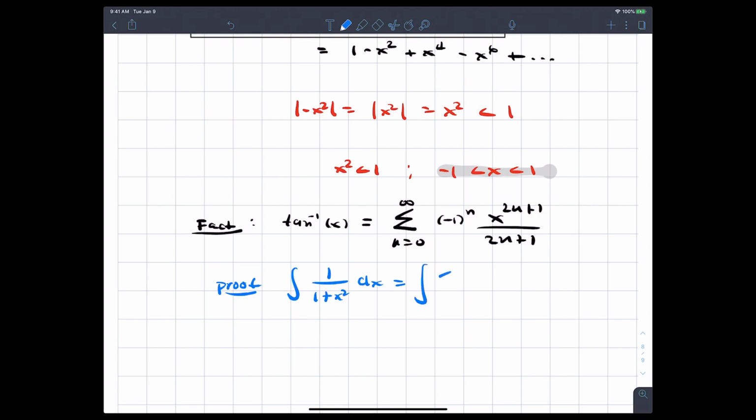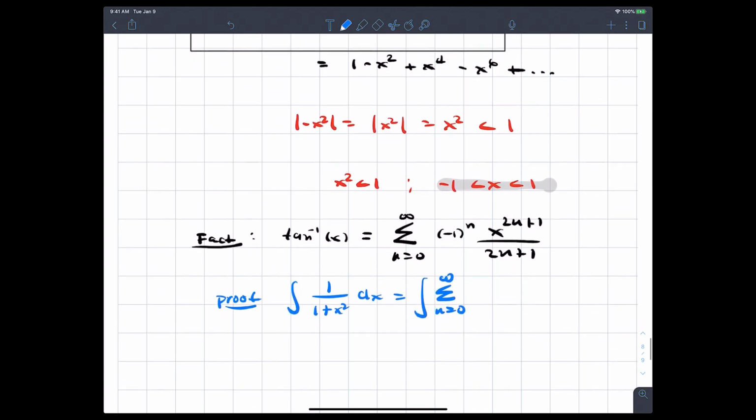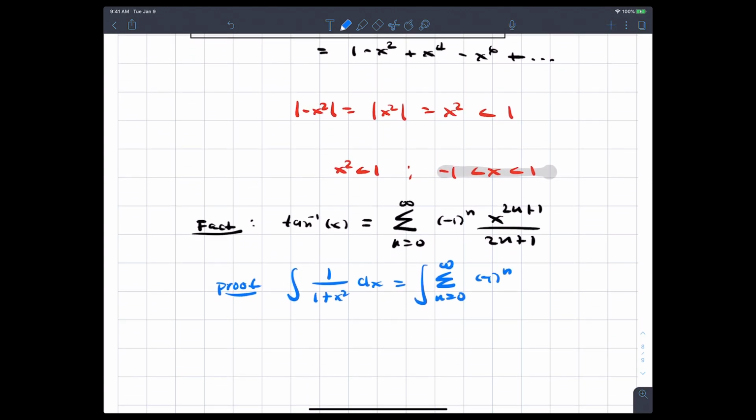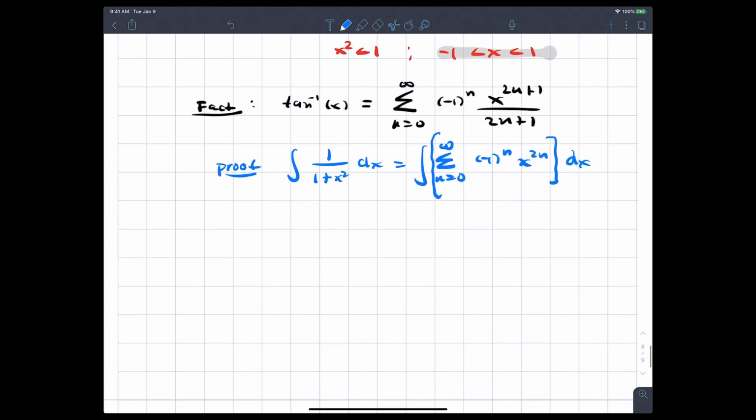Here we go. Sum n is 0 to infinity, negative 1 to the n, x to the 2n, and dx, sorry. So in some ways, I guess you can say there's a bracket there. Now, on the left side, we know, well, simply that's inverse tangent.